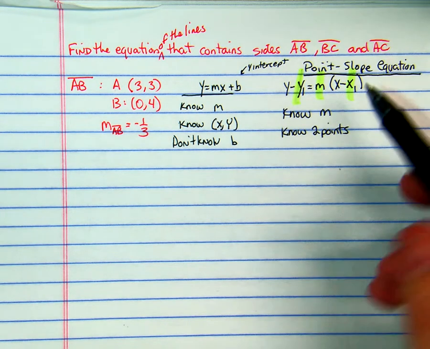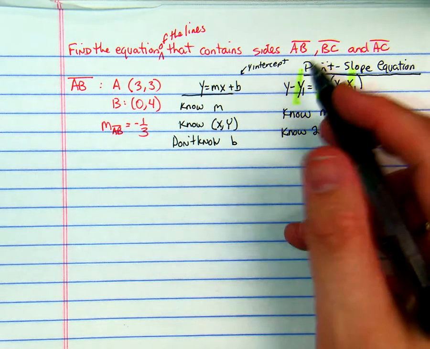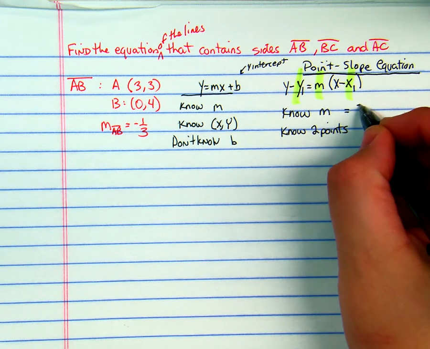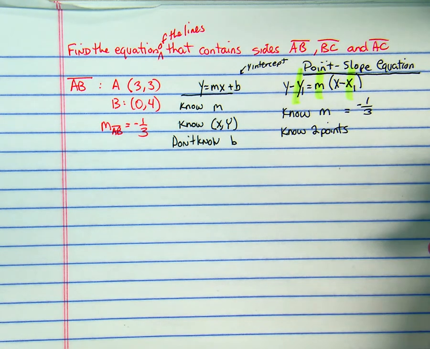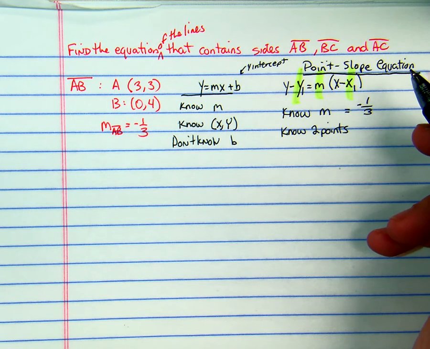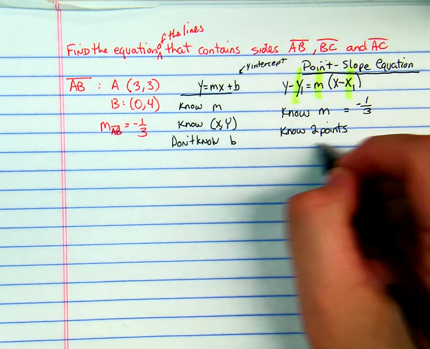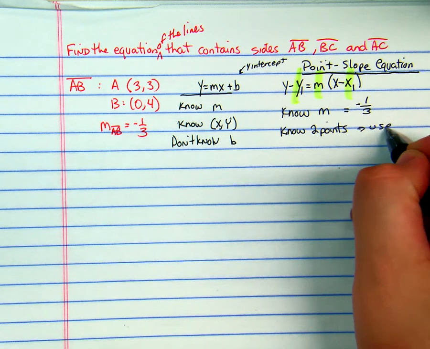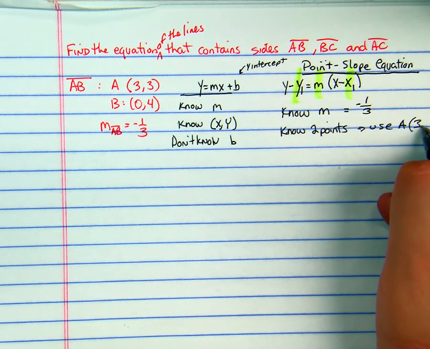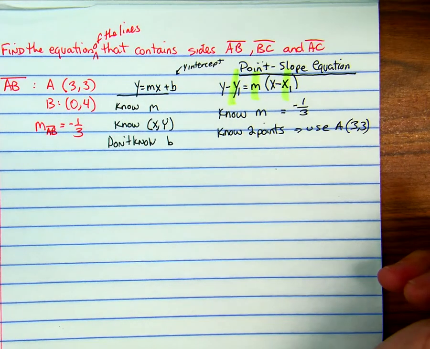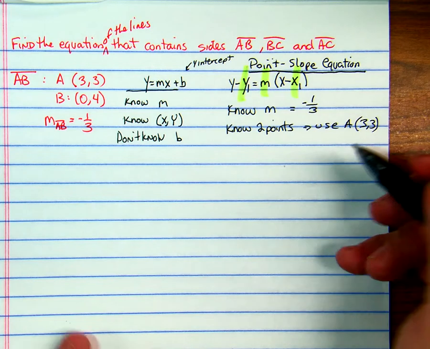Now, I know my m in this case is negative 1/3. That's what we figured out from the problem. What point do I want to use? Either one. Let's use A. So we're going to use 3, 3. Could we have used B, 0, 4?